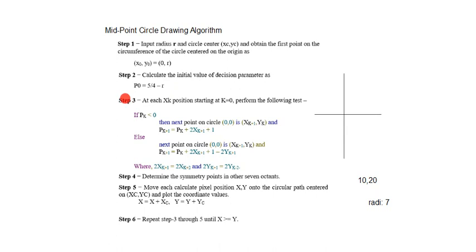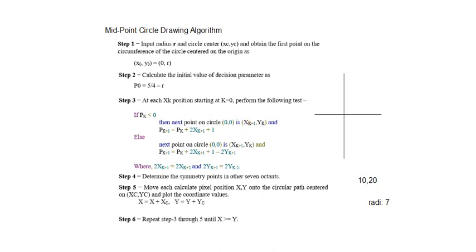Now step number 3. At each xk position, starting at k is equal to 0, perform the following test. If pk is less than 0, then the next point on the circle centered on the origin is (xk plus 1, yk).